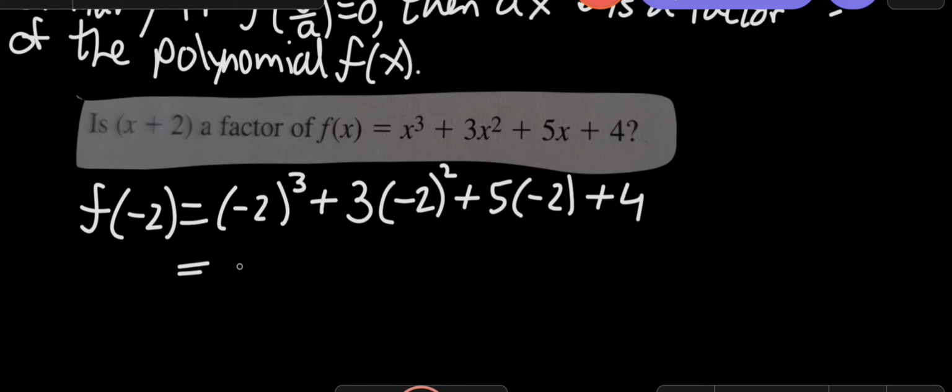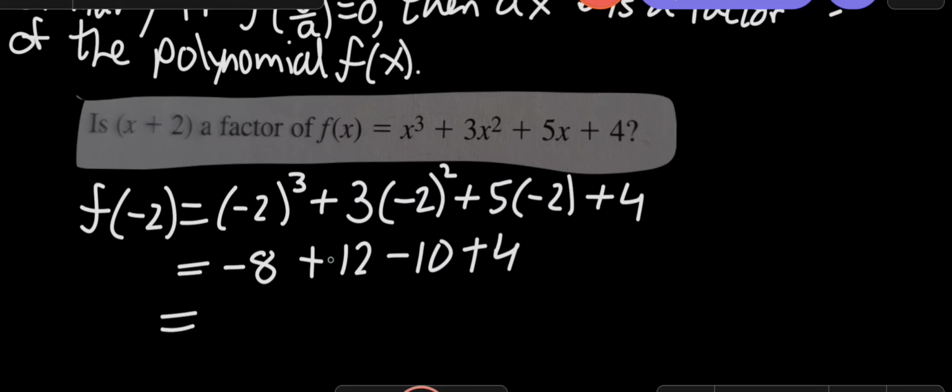-2 cubed would be -8, because -2 times -2 times -2, plus -2 squared is +4 times +3, that would be +12, plus 5 times -2 would be -10, plus 4. When we add that up, -8 plus 12 is 4, plus that other 4 is 8, minus the 10, that is -2.